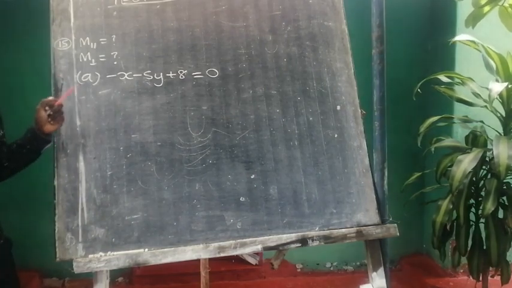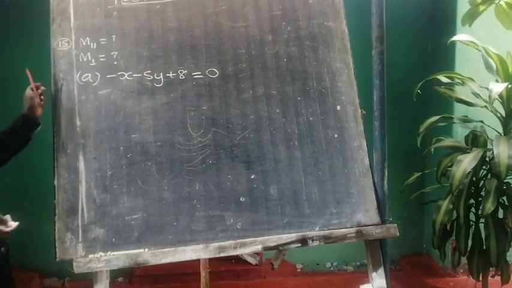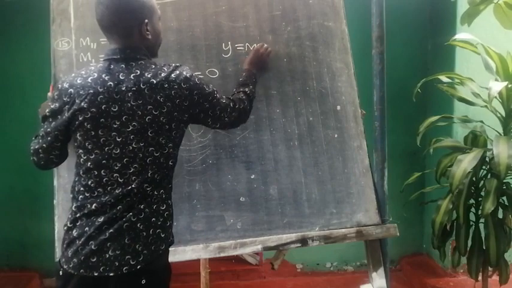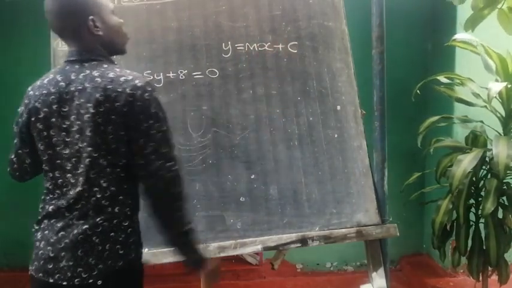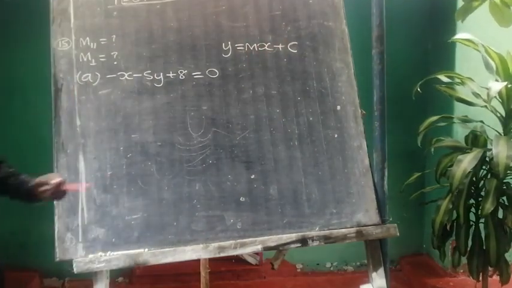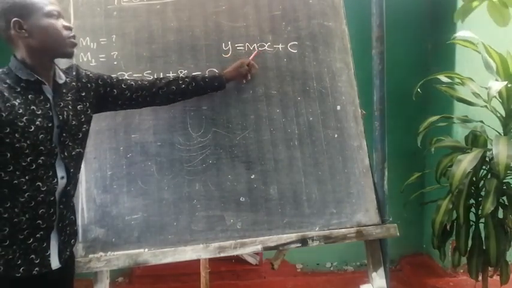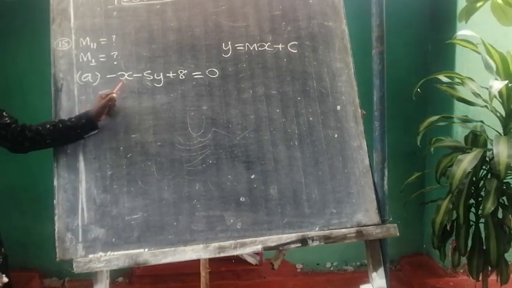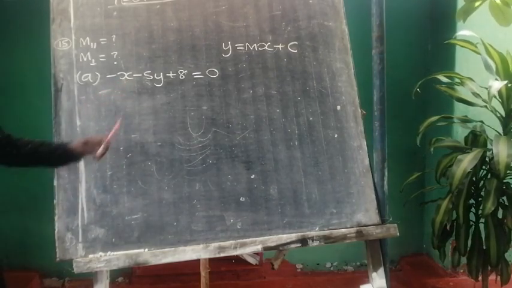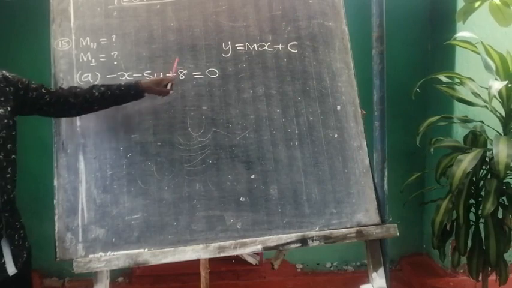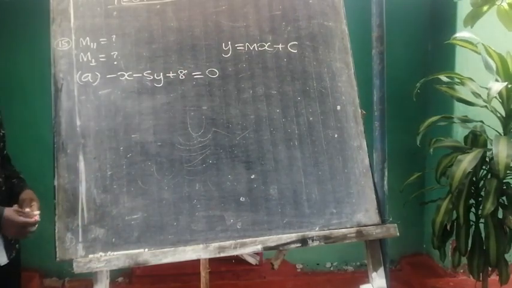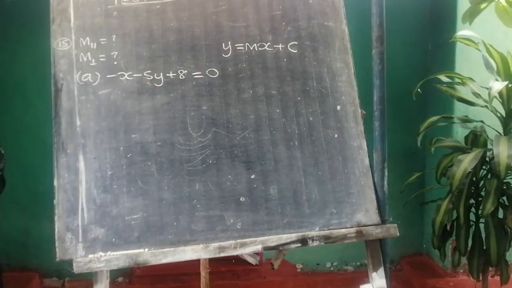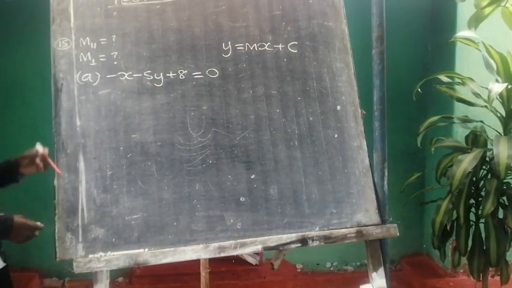To pick any gradient from the given equation, we apply the general equation of the straight line, y equal to mx plus c, where the coefficient of x represents the gradient. So we have to make sure that y is the subject of the formula. That's step 1.